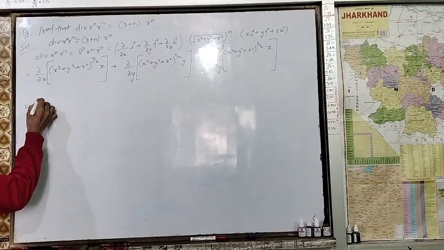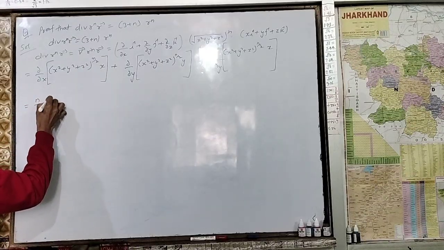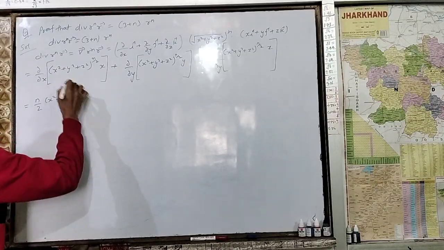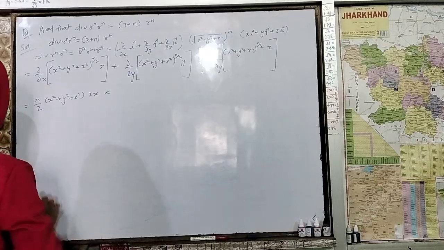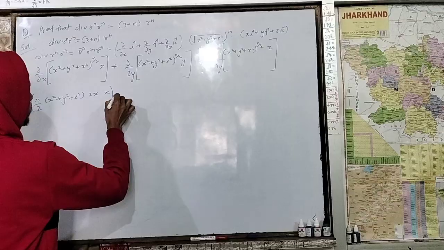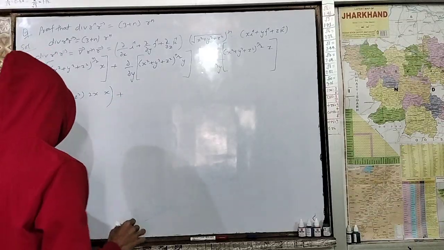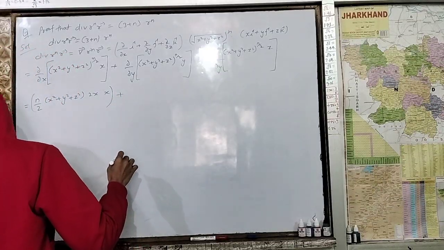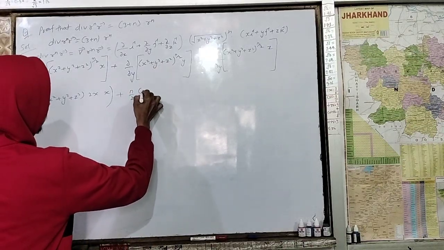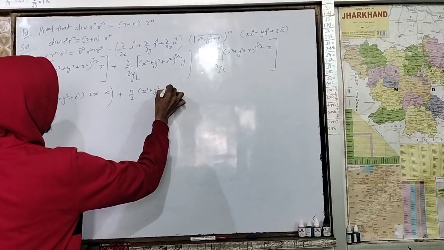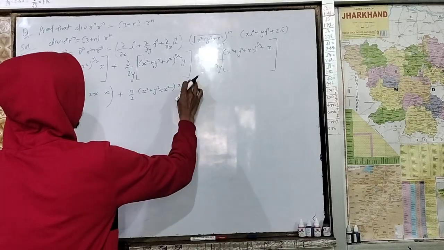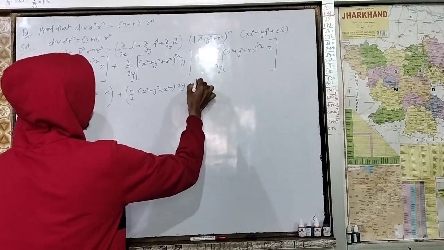So finally you can say this will become n by 2 times x square plus y square plus z square, and differentiation of x square will become 2x, into x. Okay, crystal clear. Till here we are crystal clear. Plus differentiation of this will become n by 2 times x square plus y square plus z square, and differentiation of y square will become 2y, into y.